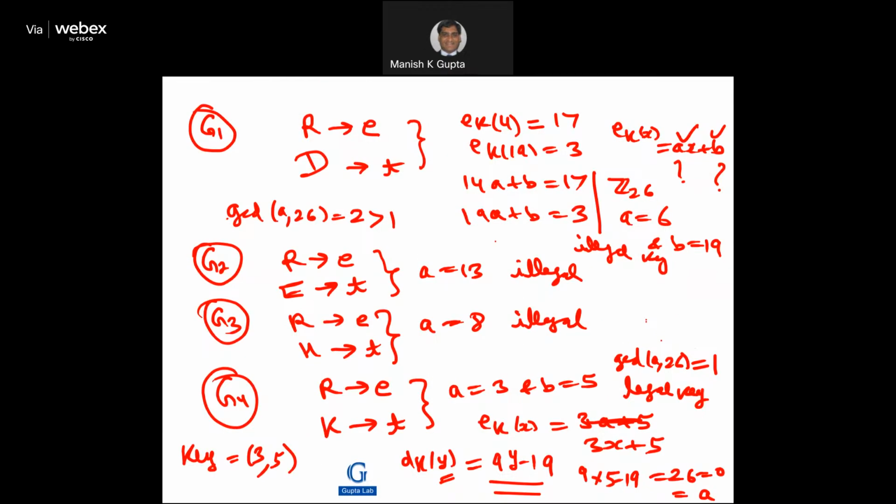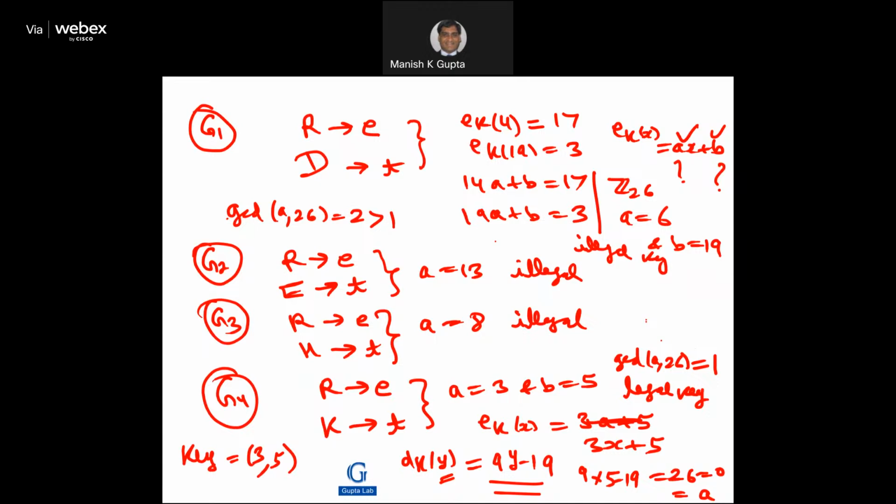I'm writing these guesses. G1 is guess 1. R should be E. And similarly, we can look at the second most probable: D corresponds to T. Now what does that mean? Encryption of E is 4: 0, 1, 2, 3, 4. So E is 4.